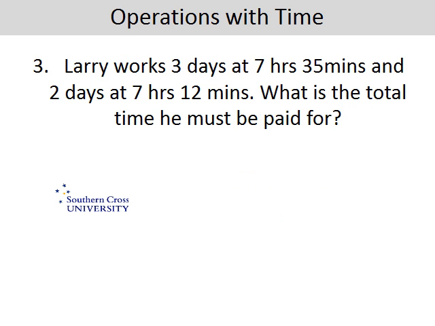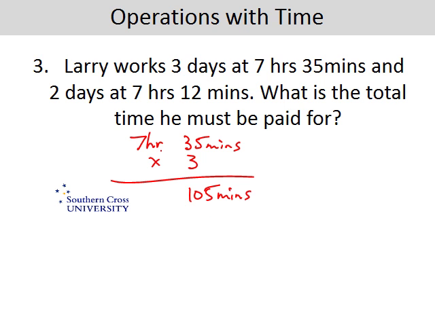Third question, Larry works 3 days at 7 hours 35 minutes and 2 days at 7 hours 12 minutes. What total time must he be paid for? Well, if we go 7 hours 35 minutes times 3, we will get 3 times 35, or 3 30s is 90, and 15 is 105 minutes, and 3 7s are 21, so that's 21 hours.